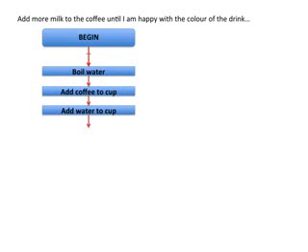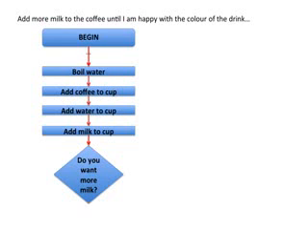Our scenario says that we need to add more milk. This means that we add milk first and then check if it is enough. Add milk goes into a process rectangle, and then as we are asking a question, we need the question diamond. Notice that we have a question mark at the end of our question here.